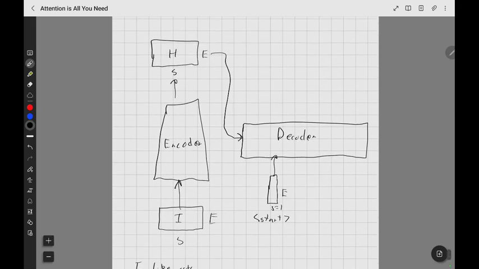And then this will output a vector for the next word. And the vector is a probability distribution over our vocab. So this is where the output vocab comes in. And this will be some distribution over all the vocabulary words, whatever that looks like. And then we sample it, and we get the next word, which will be me.